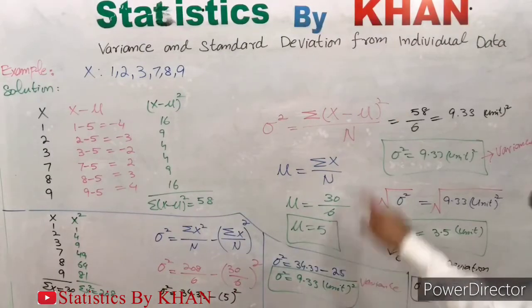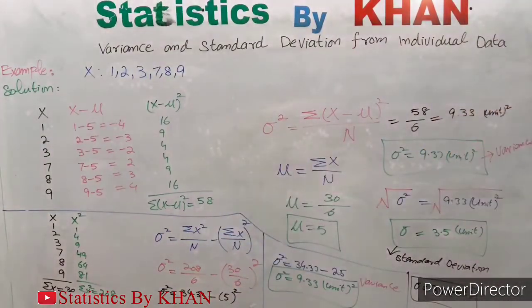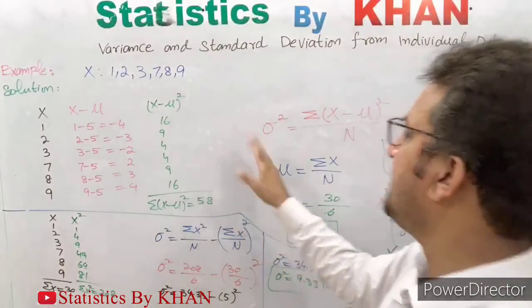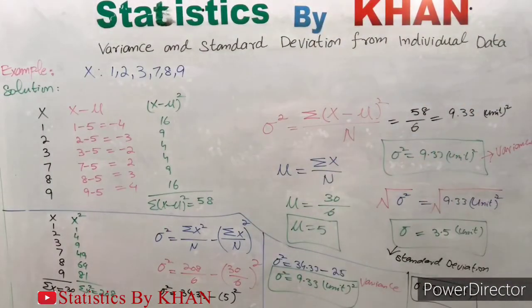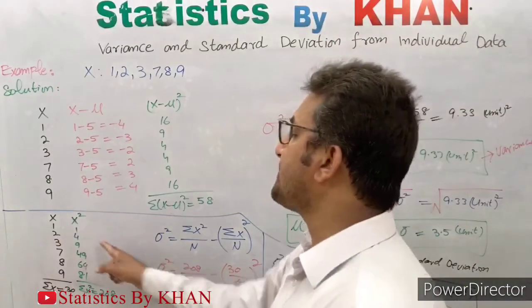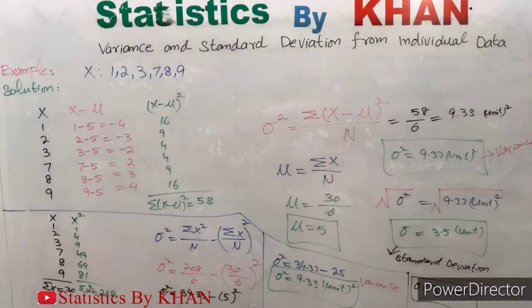If you have followed the first procedure and finally got an answer, that is enough. You don't need to compute the variance again by the other procedure, because you have already computed it by the first procedure.